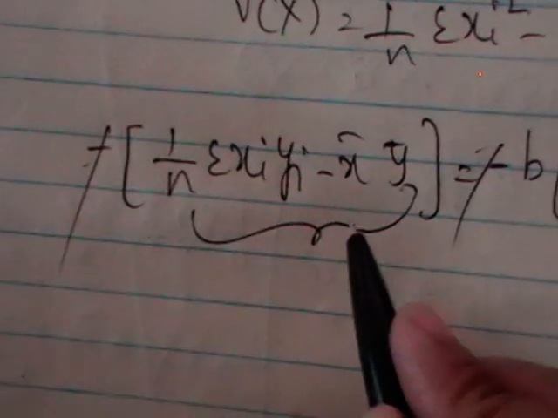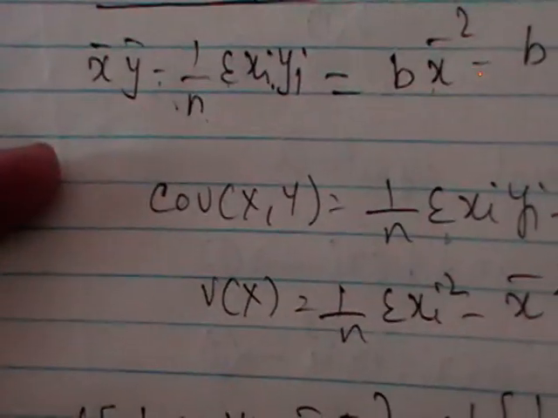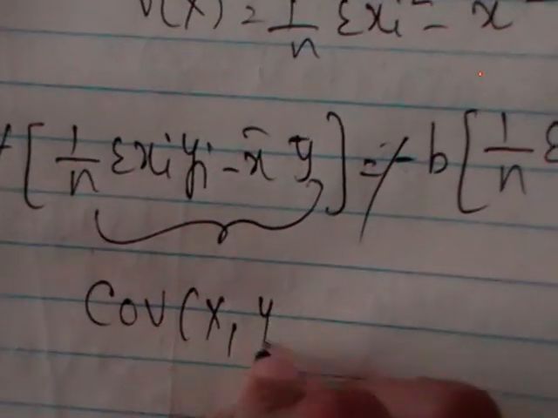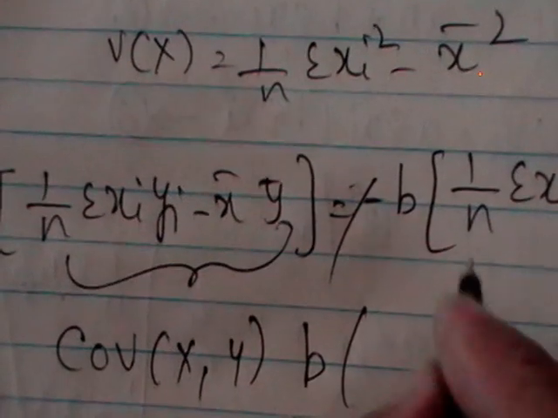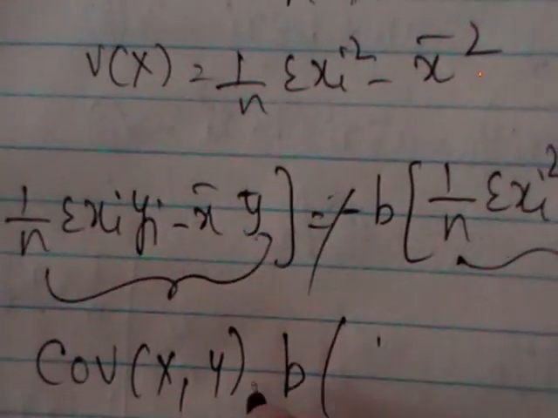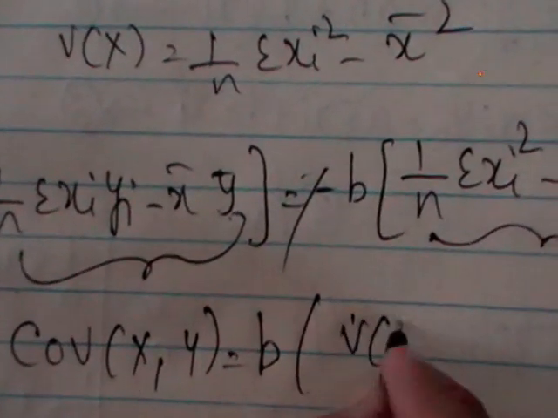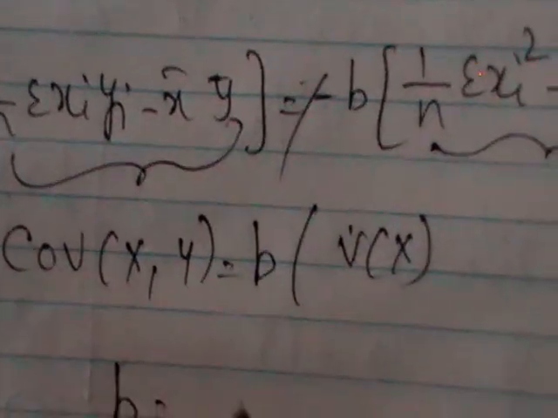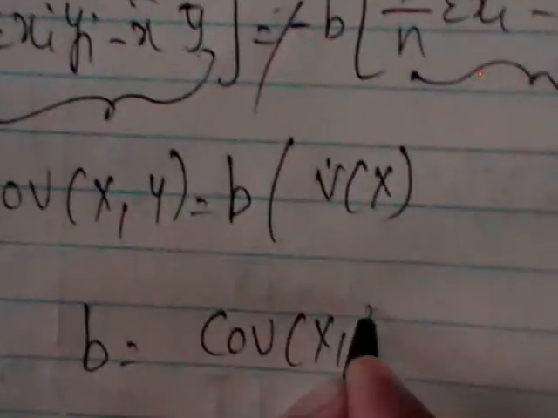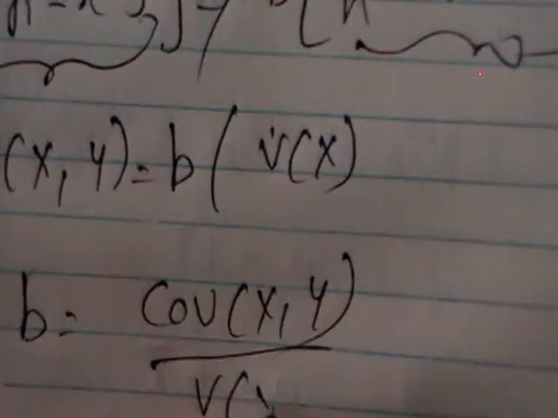Minus minus cancels. So 1 by n sigma xi yi minus x bar y bar is covariance of x comma y, equal to b into variance of x. So b will be covariance of x comma y by variance of x.